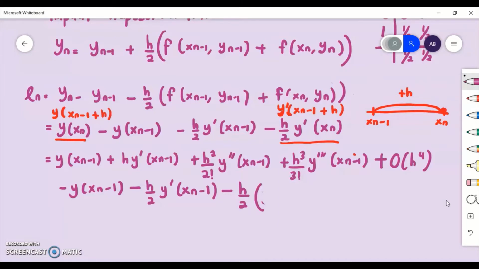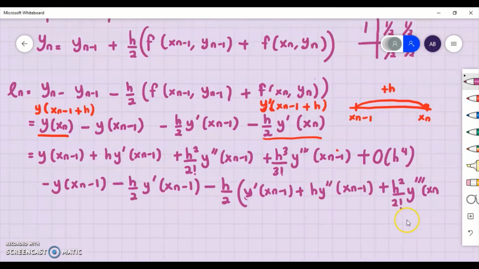So expanding this will give you y prime at xn minus 1, the first term, and then plus h y double prime at xn minus 1, and then the third term will be h squared over 2 factorial y triple prime at xn minus 1.